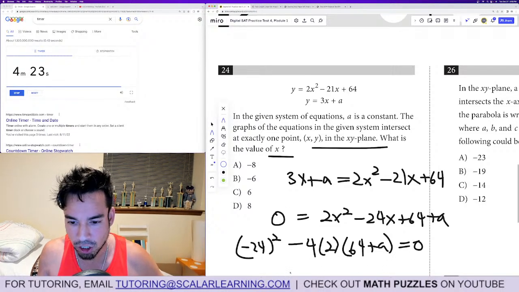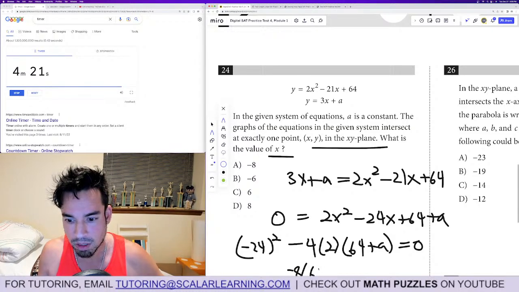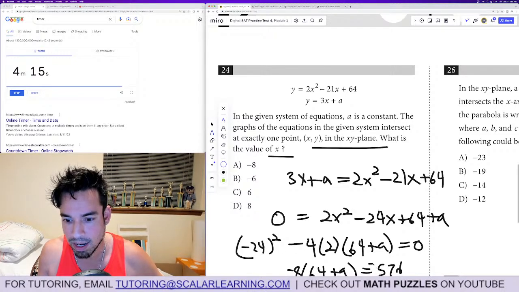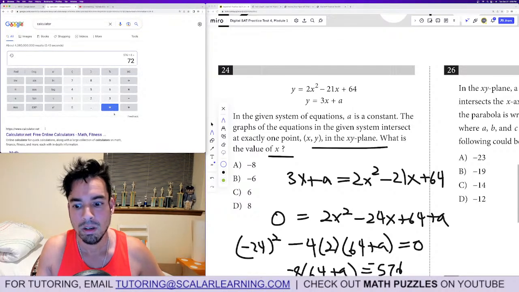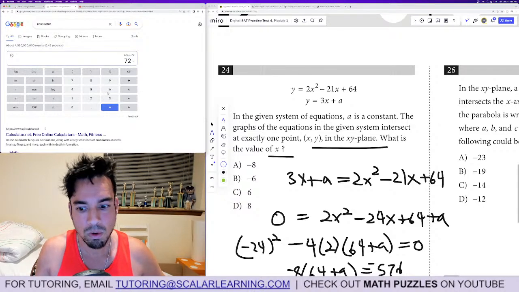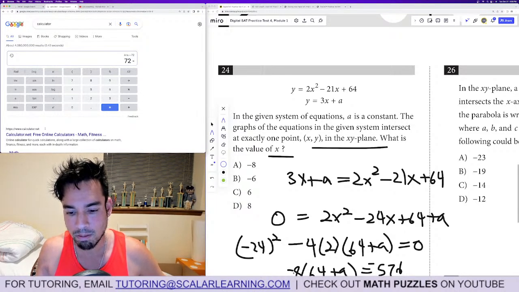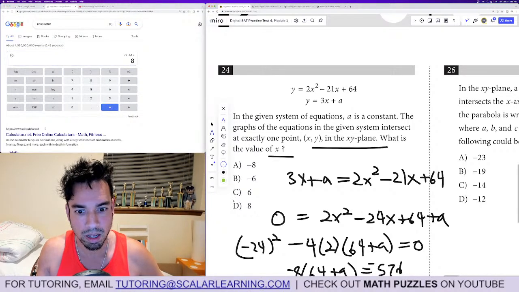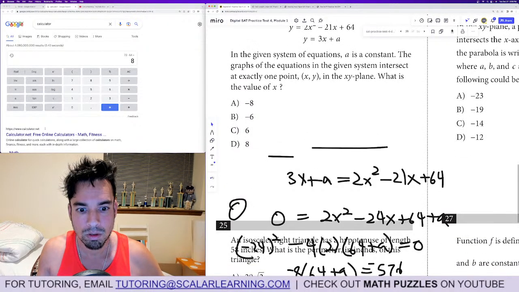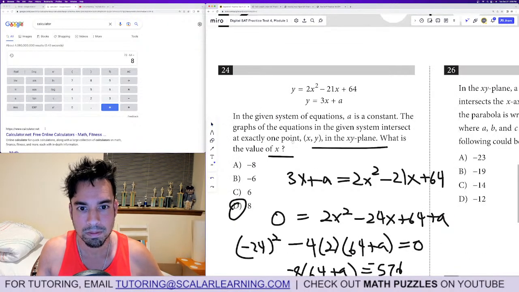I don't have time to really check it right now. Negative 8 times 64 plus a equals 576, but I'm subtracting it, so it's going to be negative 576 divided by 8. And then minus 64. I didn't even bother with the negatives because they're going to cancel out. Minus 64. We're just going to roll with 8. I don't really have much time to absolutely check it. Okay. Oh, no. Okay. 25.